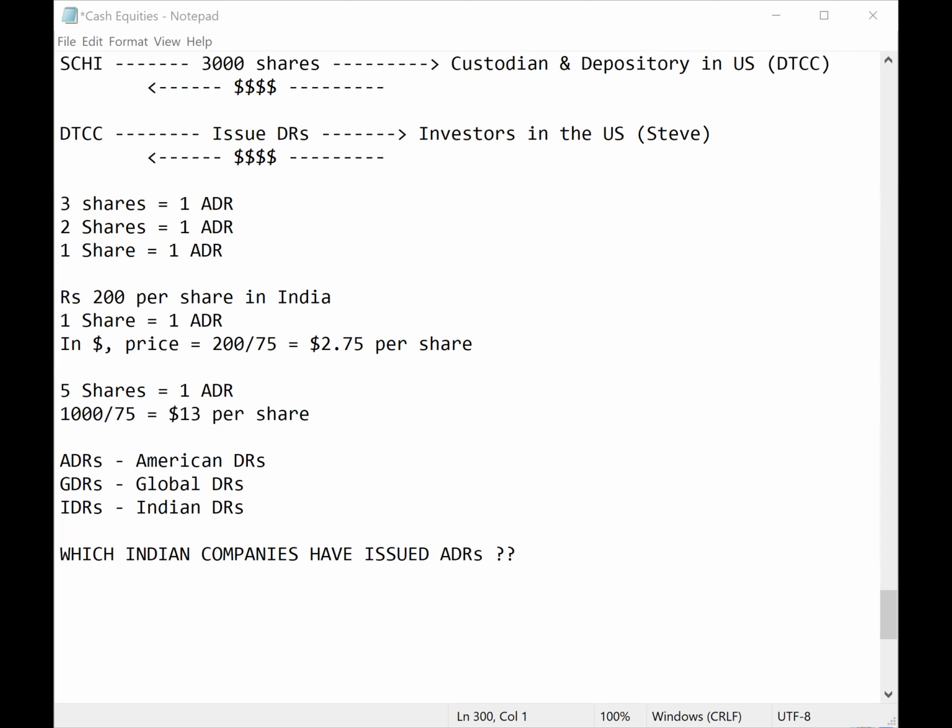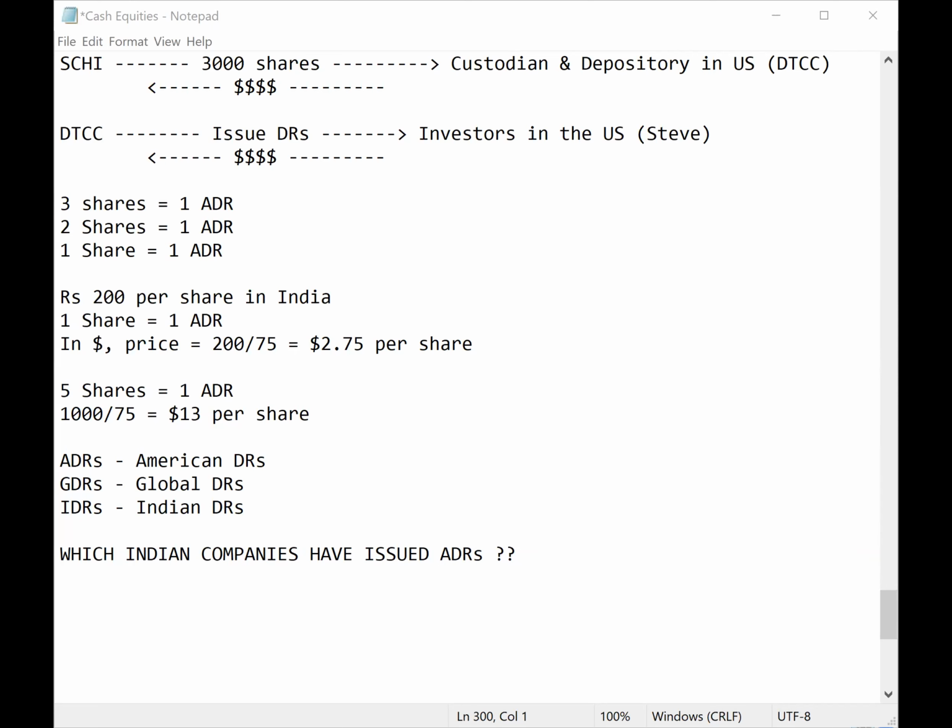Because what would happen is, let's say Infosys is doing well and unsponsored ADRs are issued. DTCC has issued the ADRs, right? If the value of the shares goes up, it's going to benefit the DTCC. What they would do is pass on the benefits to the investors.